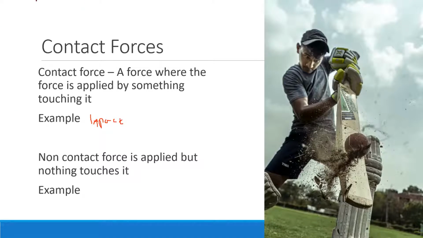So what's an example of a non-contact force, people? There are two major ones. Magnetic is definitely one. There are three major ones actually: magnetic, gravity, and the last one, no one ever knows.